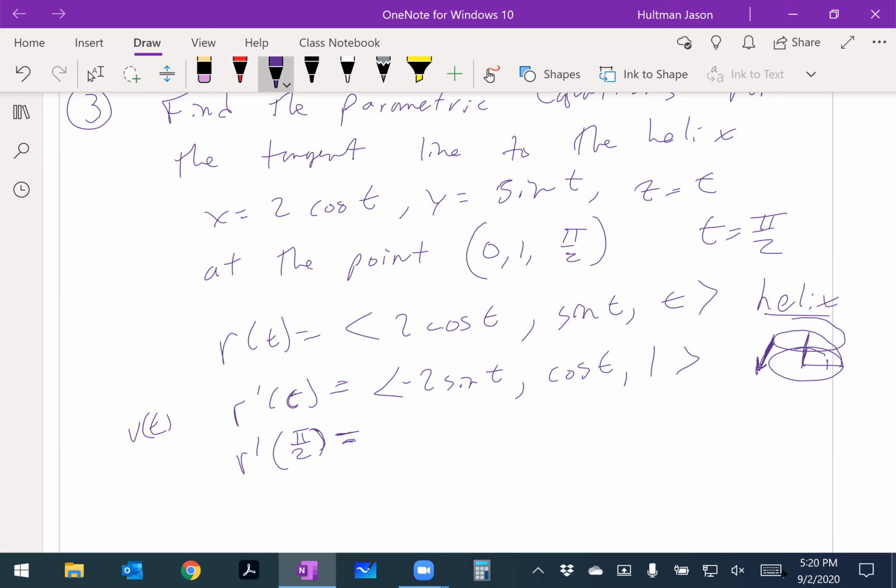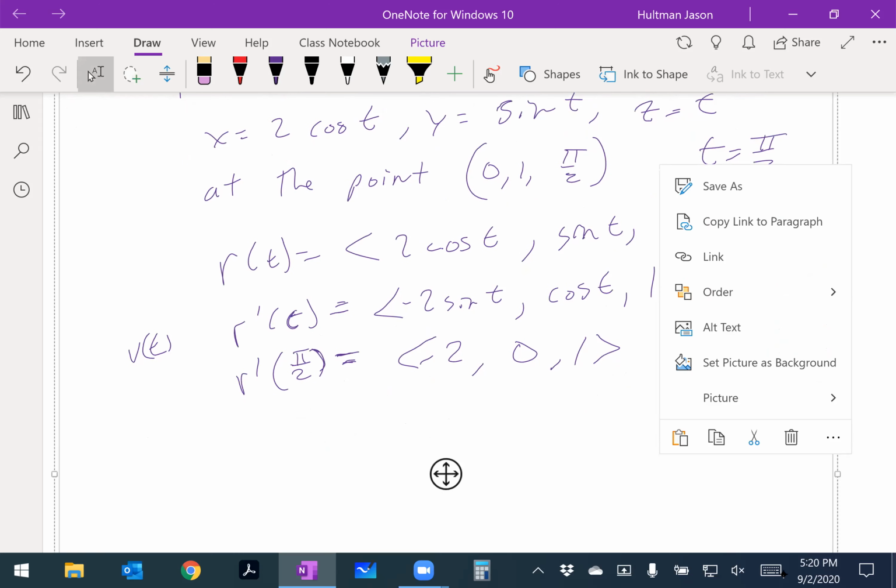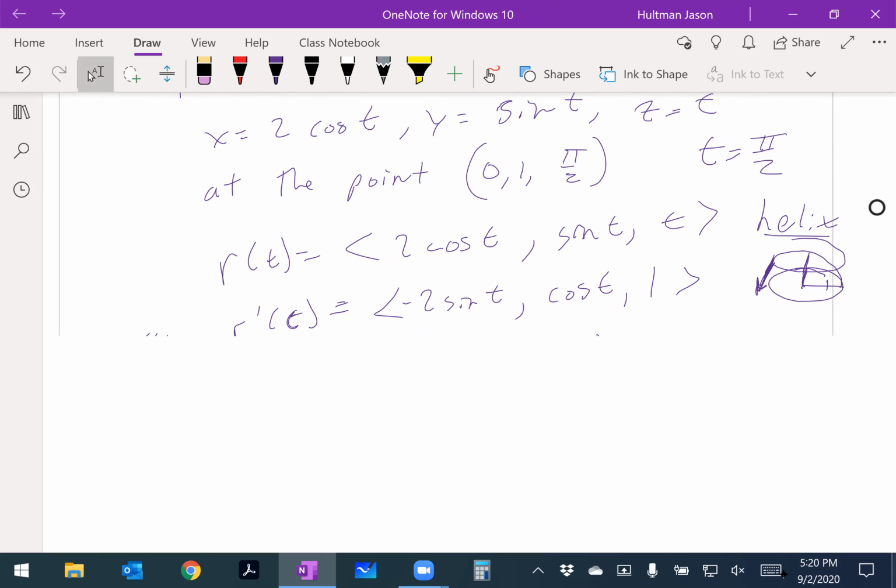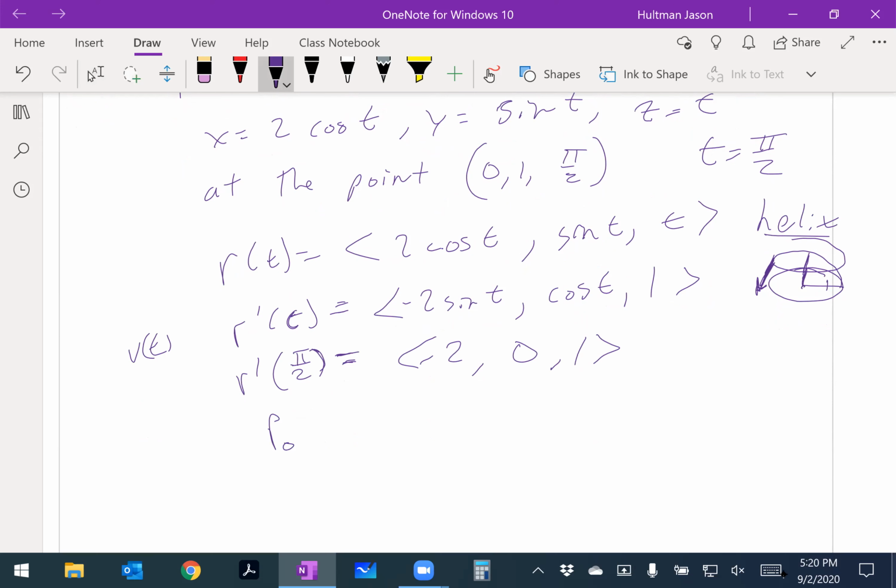Okay, so what is this? Plug this in. Isn't the sine of pi over 2, what is that, 1? So wouldn't that be -2, 0, and 1? Does that make sense? So that's that. Okay. So how do I find the equation of a line? Okay, equation of a line. Remember, where is this occurring?